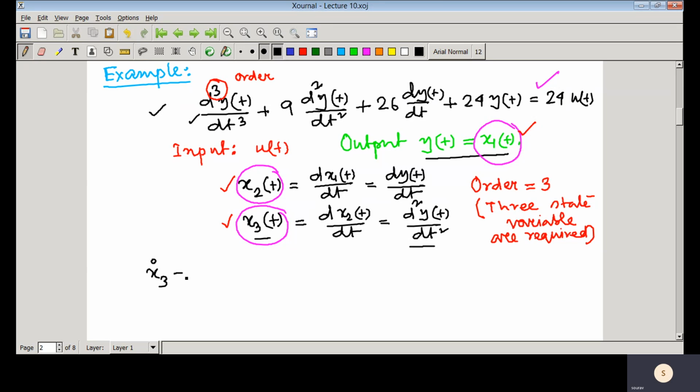So we write this equation for x3 dot, and I am taking the other terms on the right hand side, so that is minus 9 times d2y/dt2, which is nothing but x3(t).